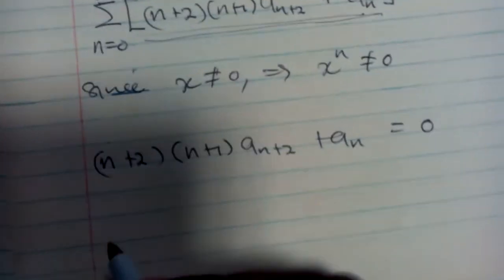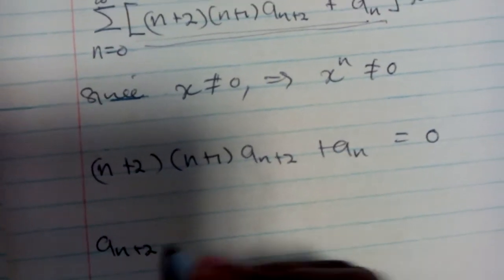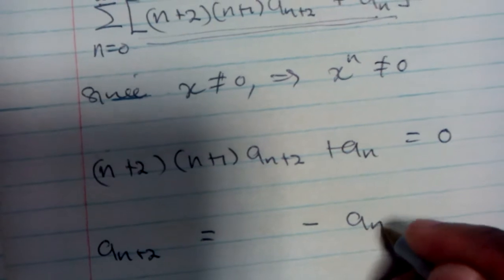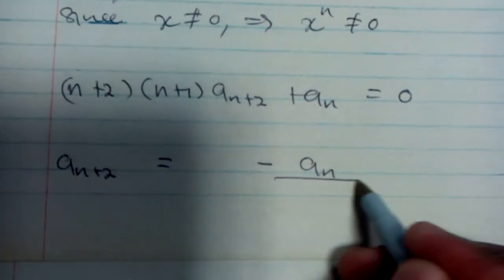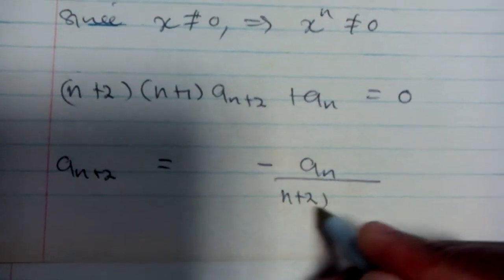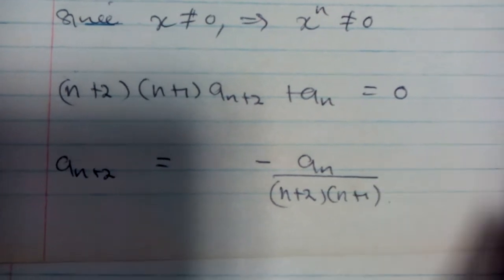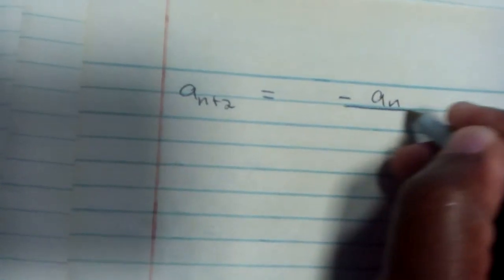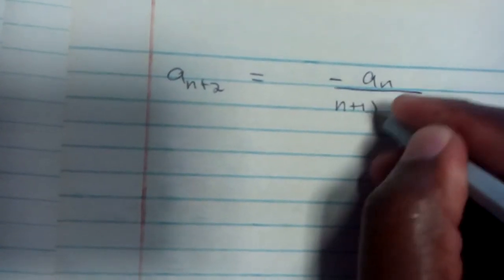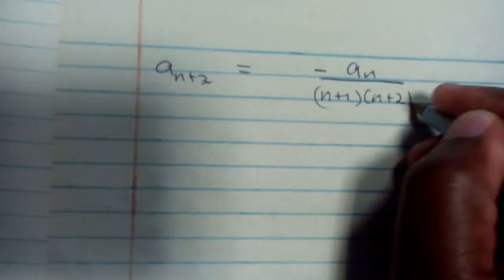Right, solving for a n plus 2, this gives me minus a n divided by n plus 2 times n plus 1. I need to transfer this to this side. We have that a n plus 2 is equal to minus a n over n plus 1 times n plus 2.